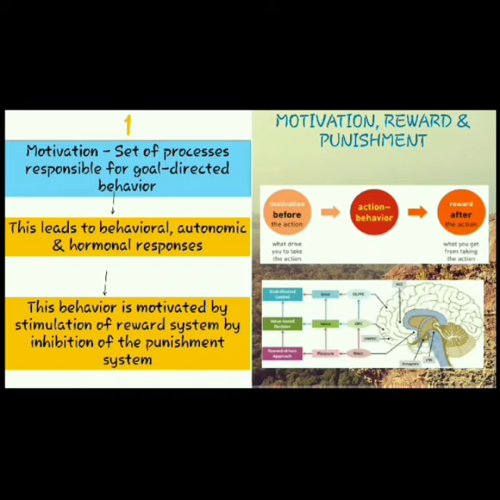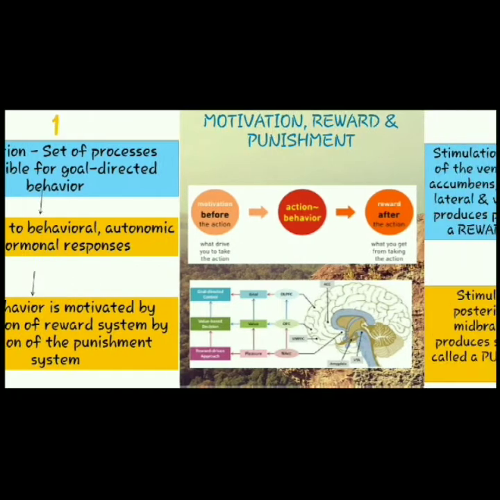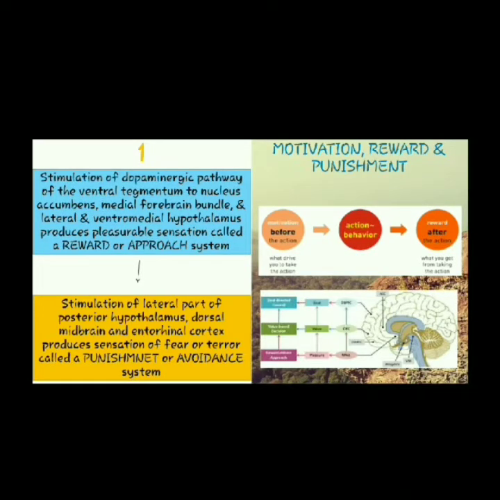This is why I told you motivation, reward, and punishment are interconnected. With respect to motivation, reward, and punishment, there are two mechanisms: one, your reward or approach system, and the other, your punishment or avoidance system.